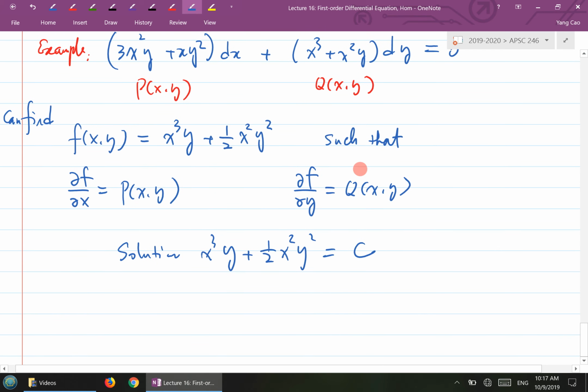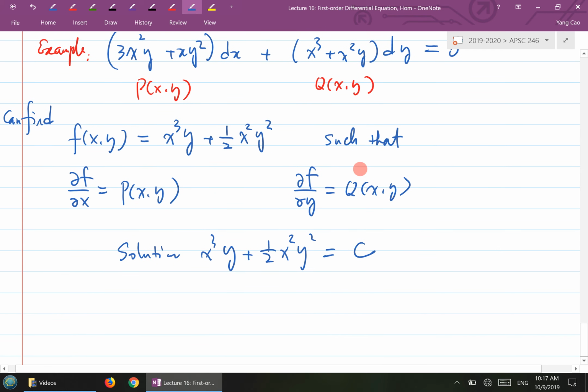How do I know we have a function f to get these two partial derivatives equal to p and q? And if I have a p and a q, how do we find the function f? So this is the question here. That's the first question.